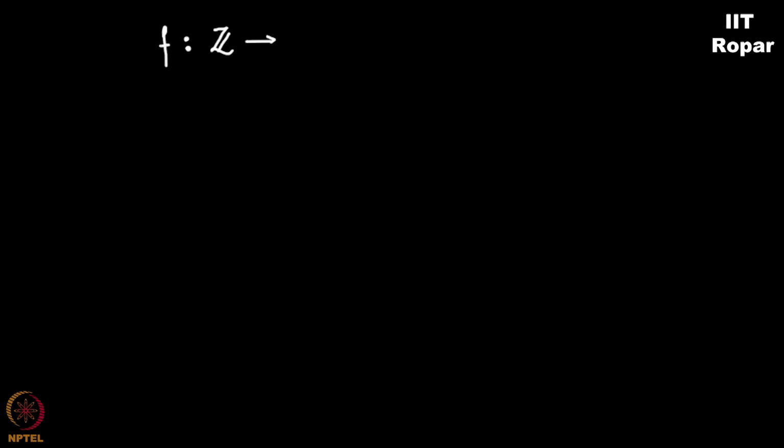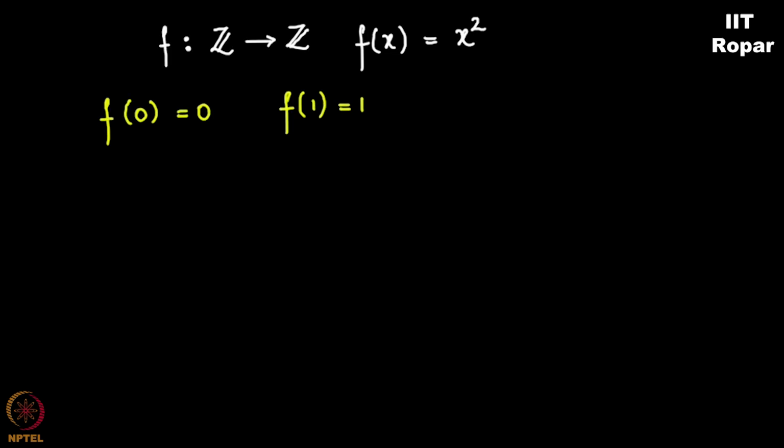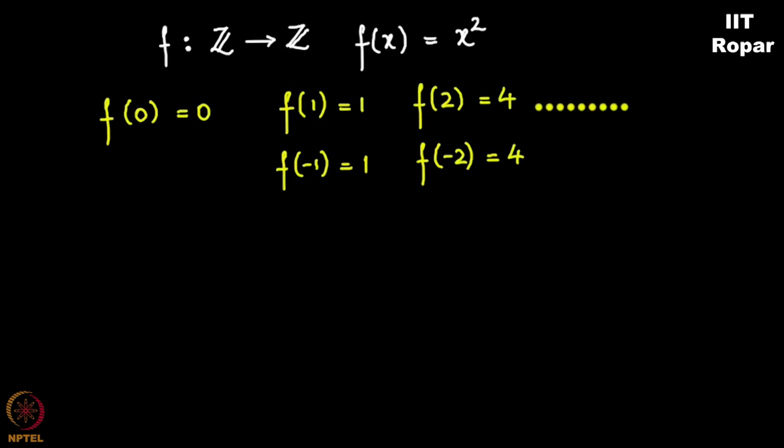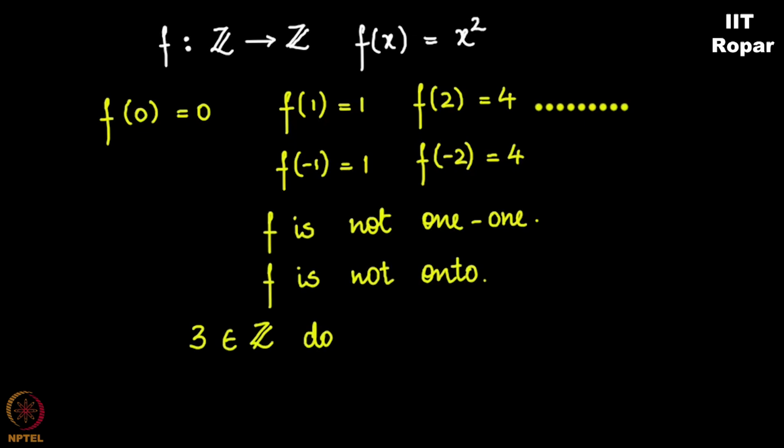Consider this function f from the set of all integers to the set of all integers, where f of x is equal to x square. So f of 0 is 0, f of 1 is 1, f of 2 is 4 and so on. But f of minus 1 is also 1, f of minus 2 is also 4. Do you see that f is not 1-1? f is also not onto. Why?